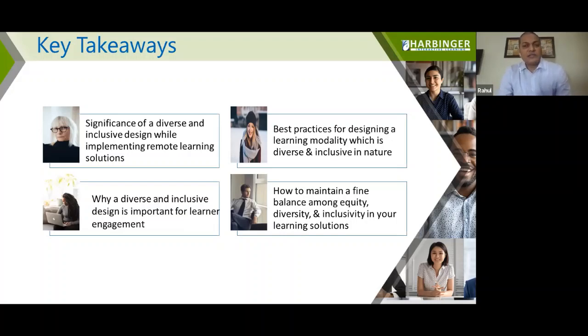We'll also try to answer the question: why is a diverse and inclusive design important for learner engagement? Why is it critical? And lastly, how to maintain a fine balance among equity, diversity, and inclusivity in your learning solutions.